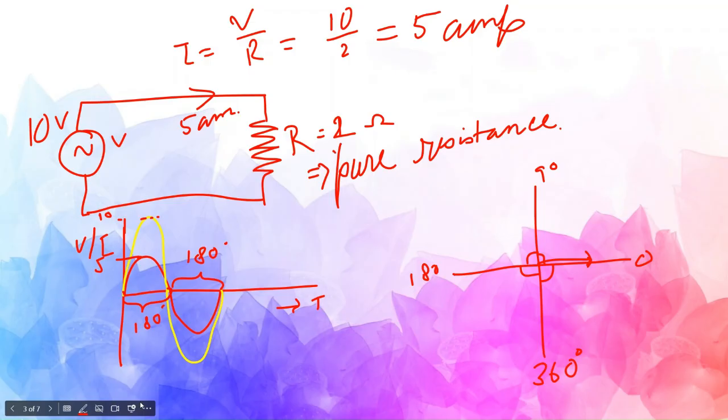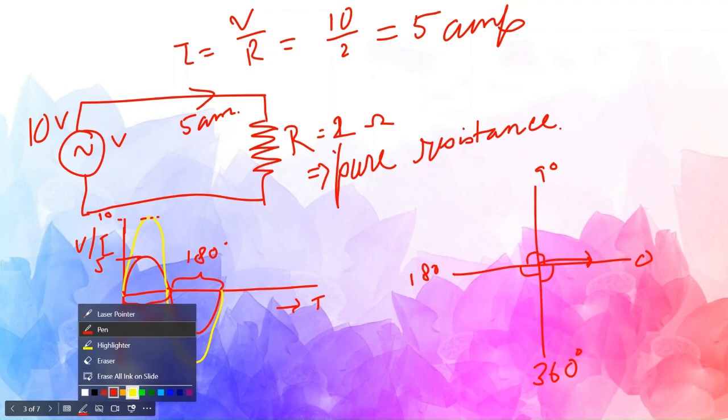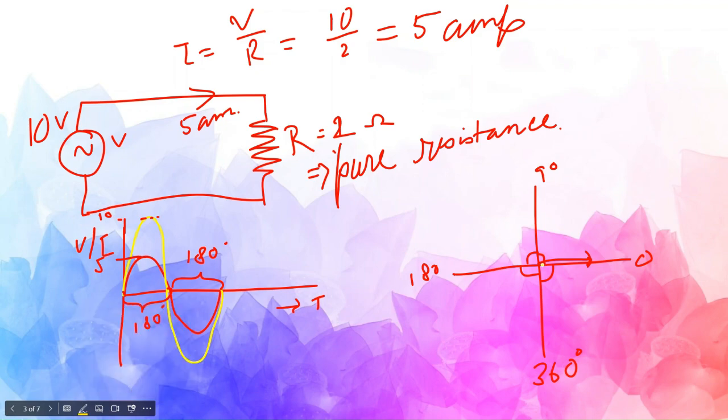Then what would be the voltage phasor? Voltage phasor will be something like this, double of it, right? So it means current and voltage are in the same phase. This is what we call current and voltage both being in the same phase. It can also be drawn in a different way like this.